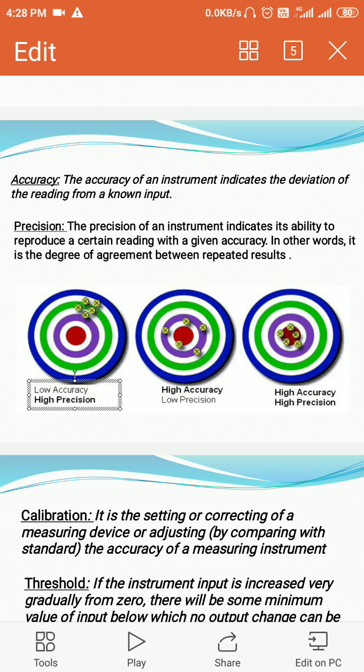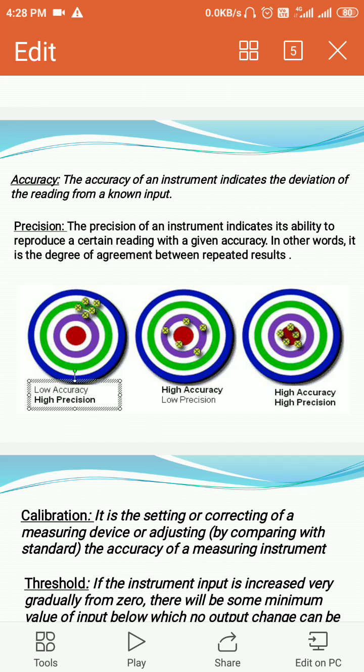If you see the first diagram, 5 target points are hit and all the points are close to each other, but they are far from the red target point. It means I have not hit exactly at the target point. I am far away from the target point.